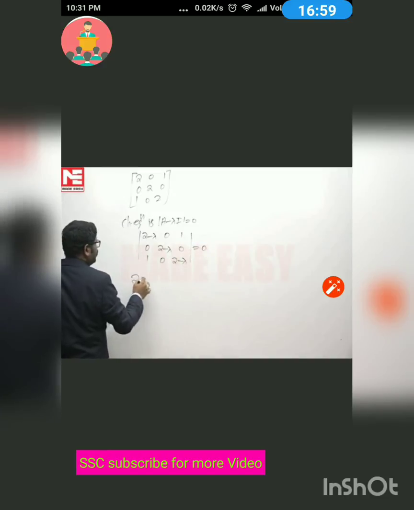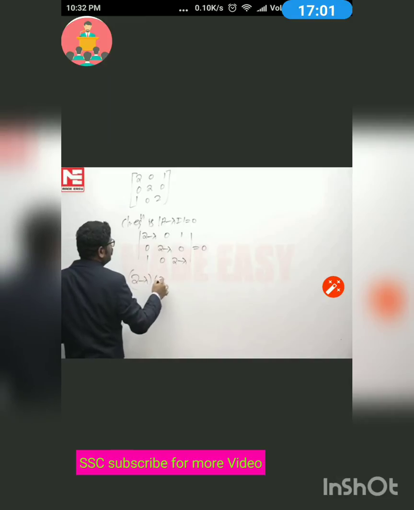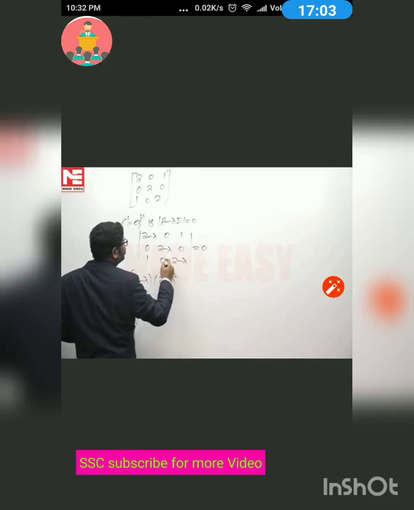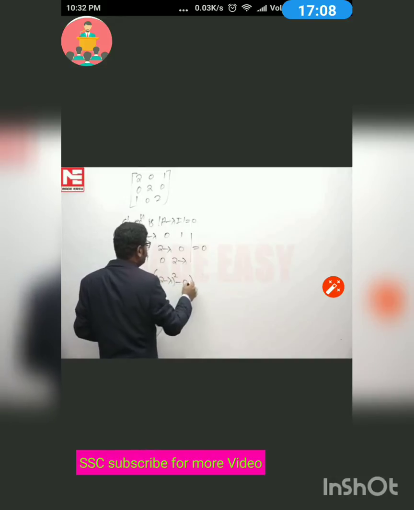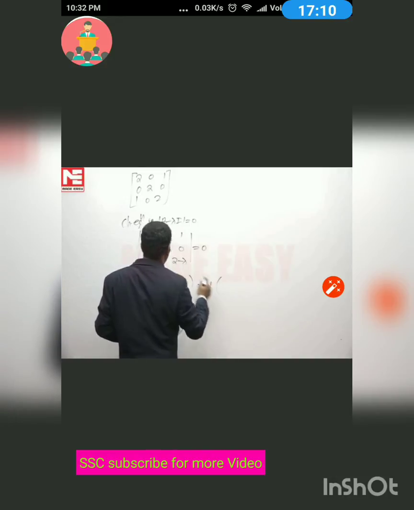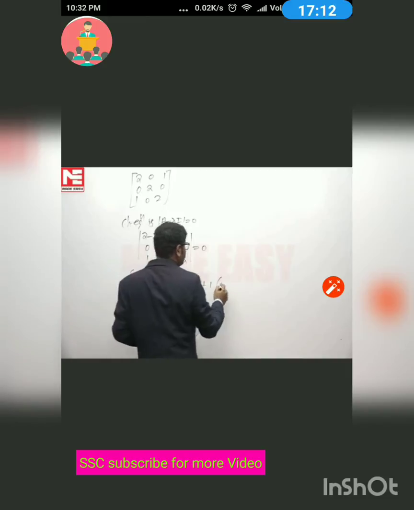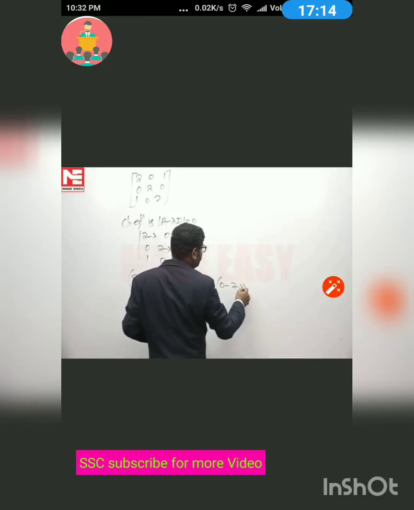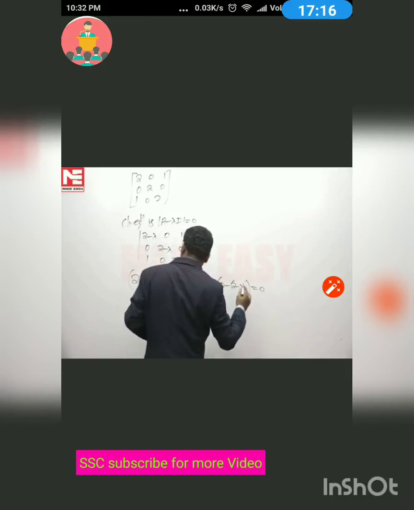So 2 minus lambda times (2 minus lambda) whole square minus 0 plus 1 of 0 minus (2 minus lambda) equal to 0.